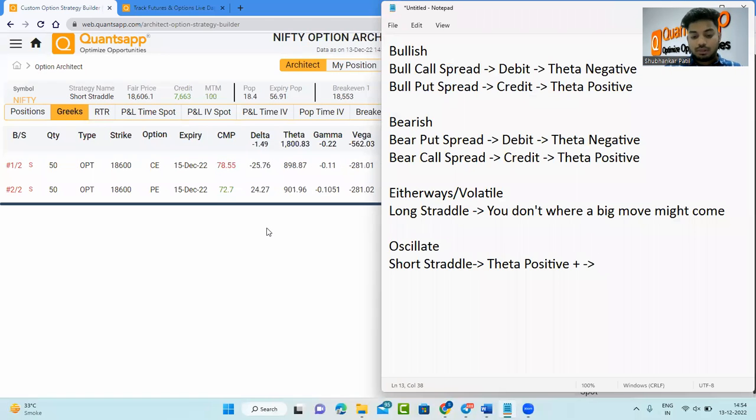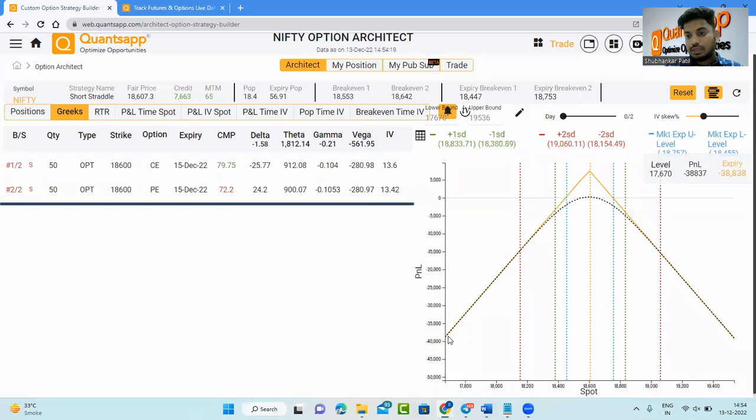But the problem is unlimited loss. Market going anywhere, you will end up making a big loss. Now you don't know, right, till expiry it can go to 19,200 as well, who knows. If it goes, it will take a lot of the profit which you have consistently earned. So see, maximum profit is 7,500, but it is an undefined loss.